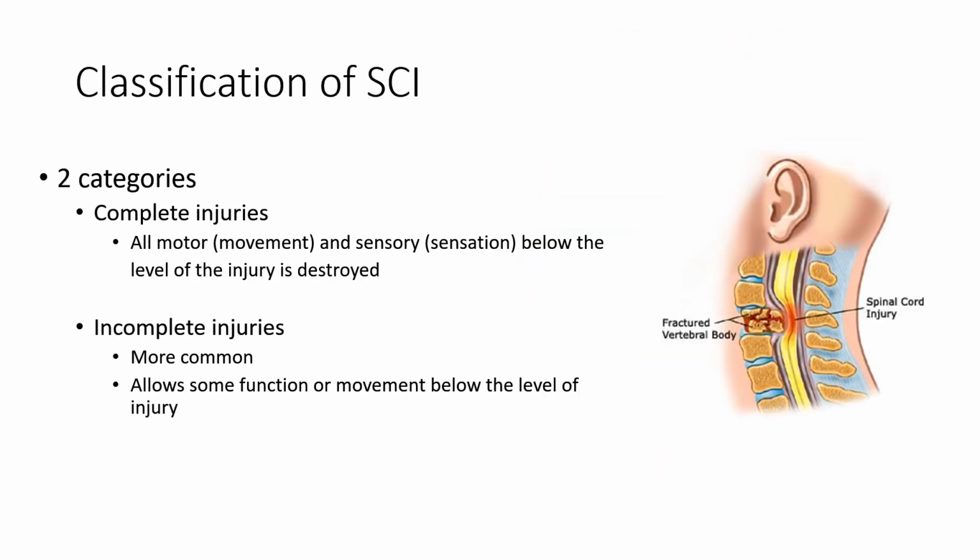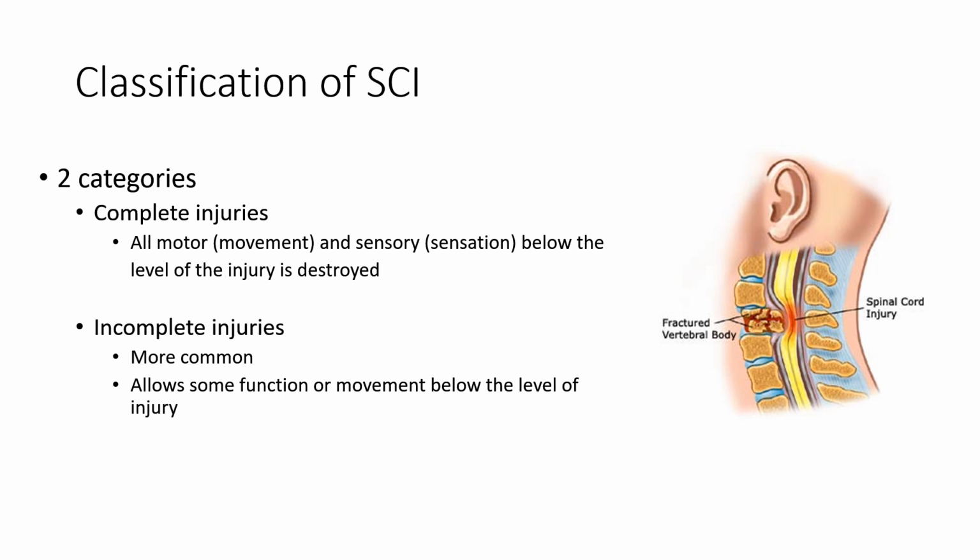Another classification for spinal cord injuries is complete and incomplete. Complete injuries result in all motor or movement and sensory or sensation below the level of the injury being destroyed. An incomplete injury actually is more common. It allows for some function or movement below the level of the injury.